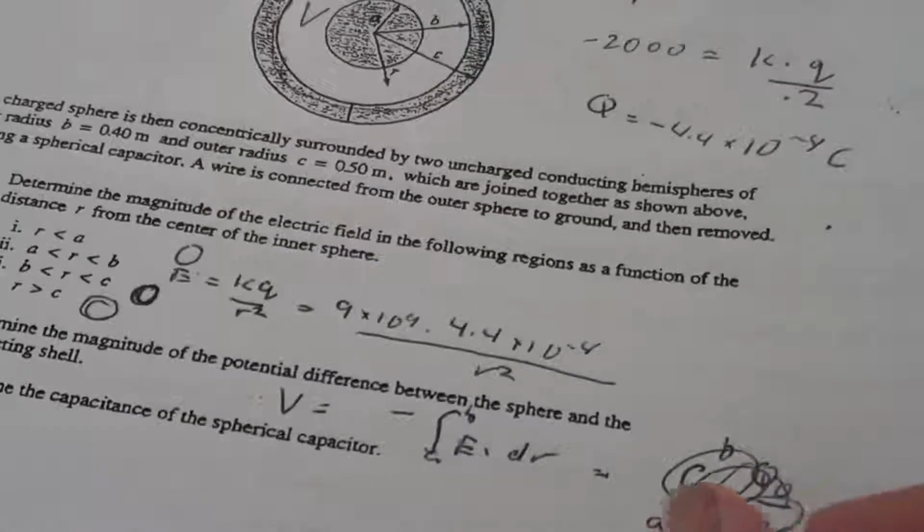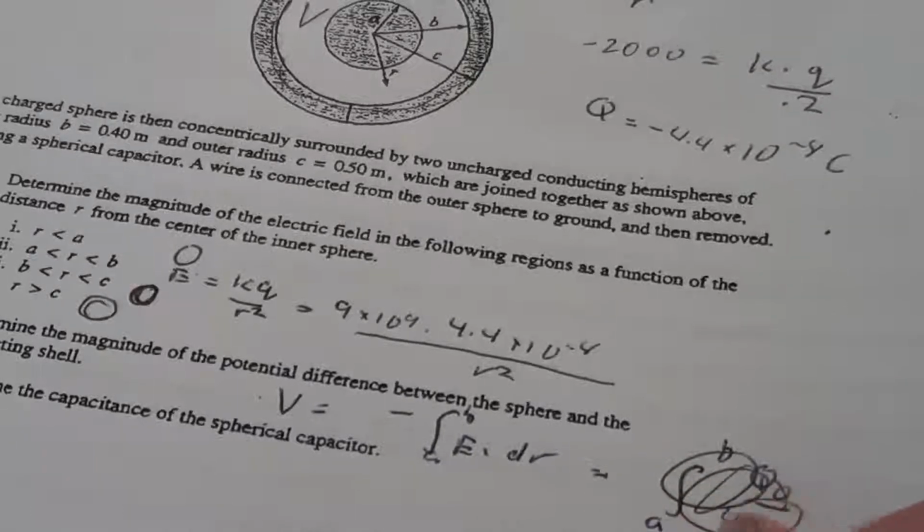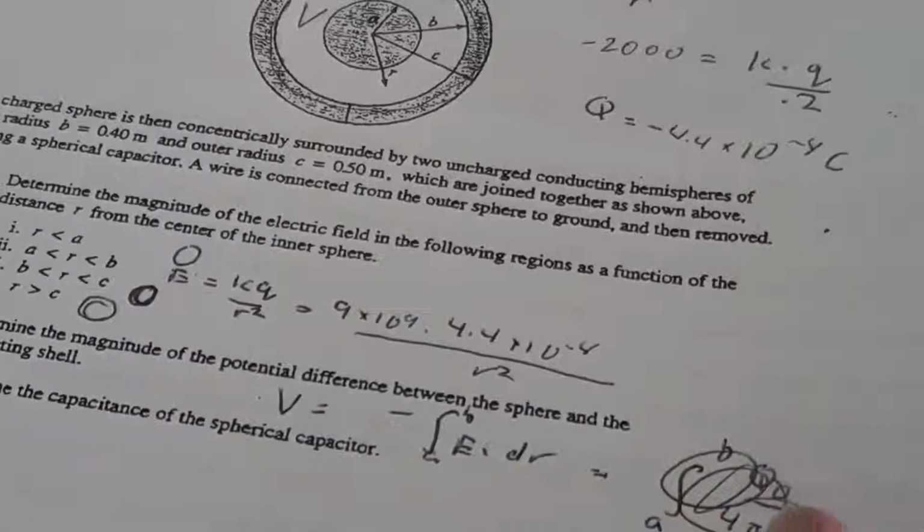Since K and Q are constants, we can pull them out, so it becomes KQ times the integral from A to B of 1 over R squared.